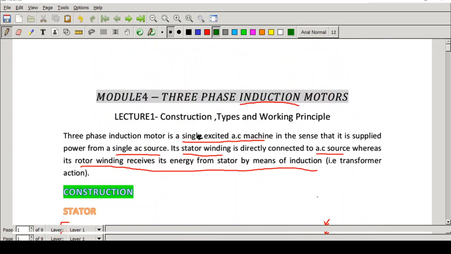I hope you understood. We have discussed the basic working principle of three-phase induction motor, then the concept of rotating magnetic field, which is very, very important. Also, we discussed the types of three-phase induction motors, that is squirrel cage and slip ring induction motors. Hope you got some idea about the topic.